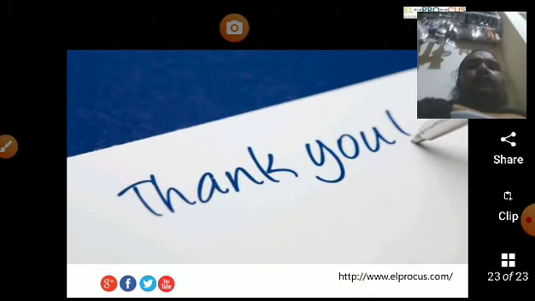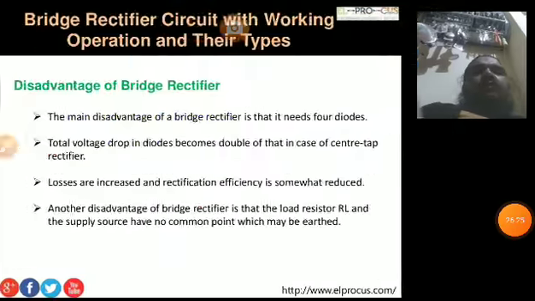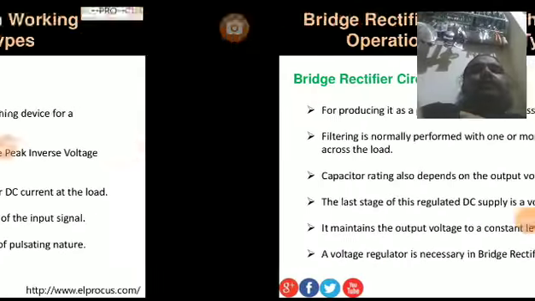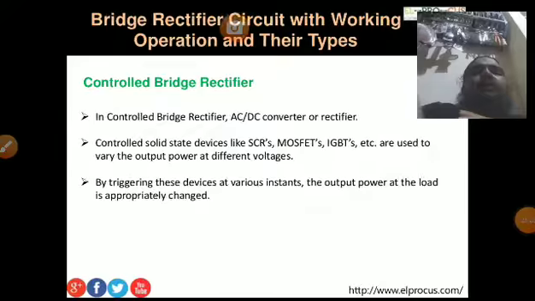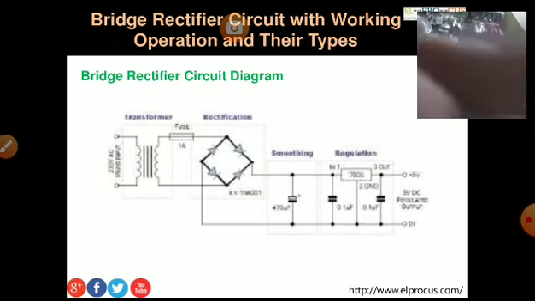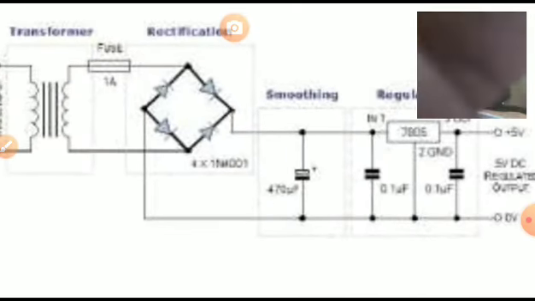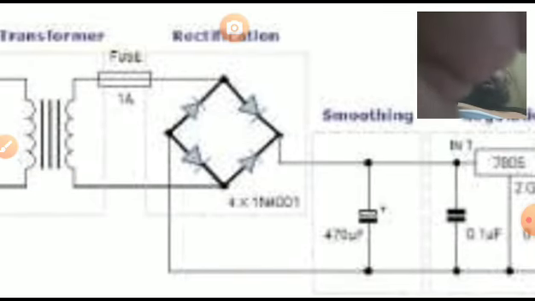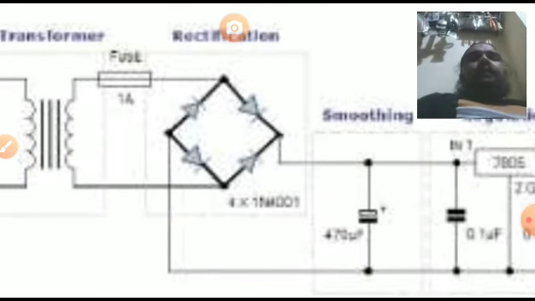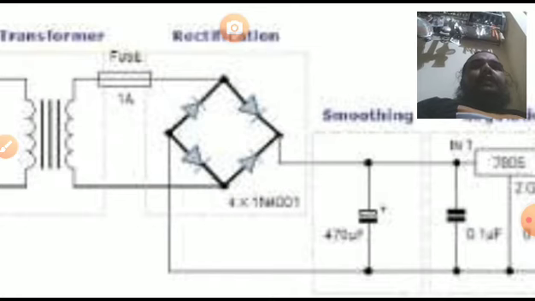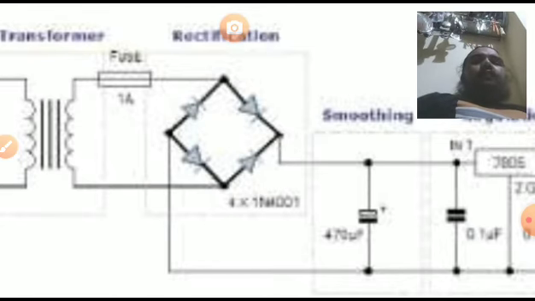This is the topic of bridge rectification. Once again, looking at the basic circuit of the bridge rectifier, there are four PN junction diodes: D1, D2, D3, and D4.